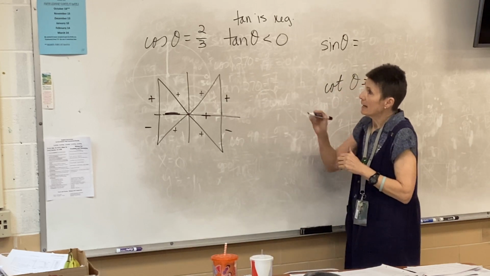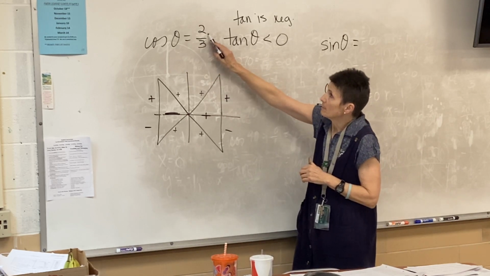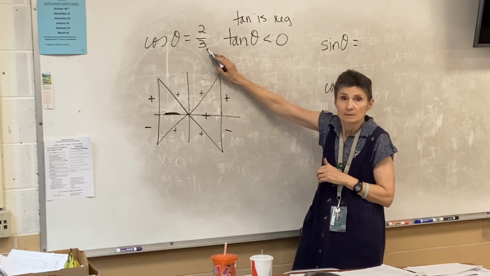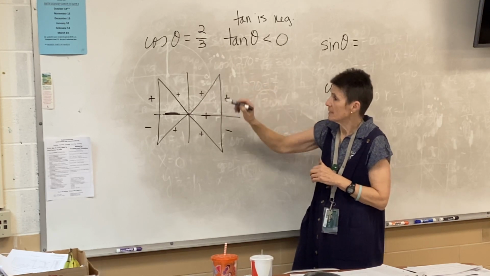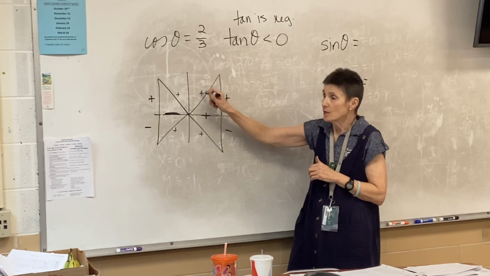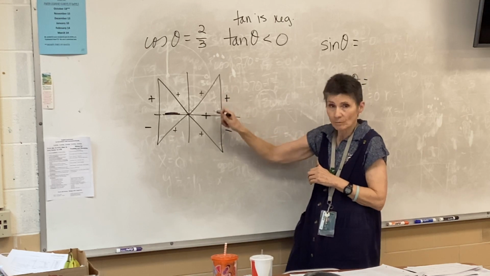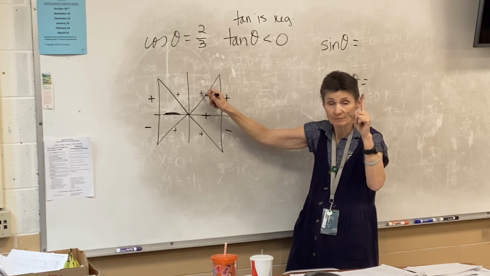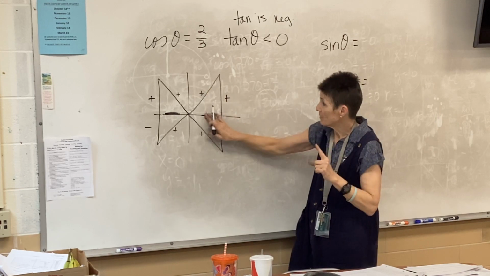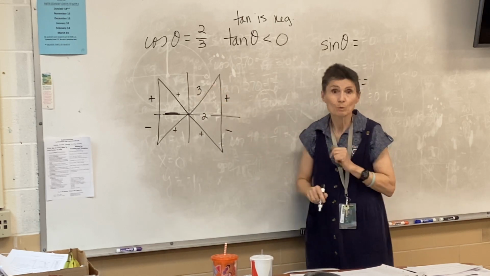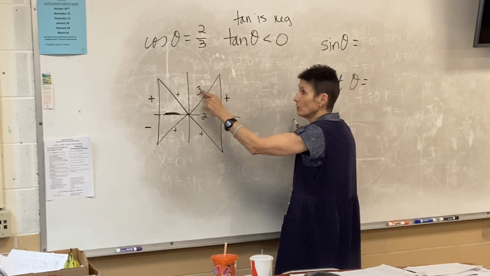Now, I need the cosine to be positive. Cosine is adjacent over hypotenuse. So if you looked at this triangle right here, adjacent over hypotenuse would be positive. So this could be 2, and this could be 3, and that would work. The cosine is 2 over 3.